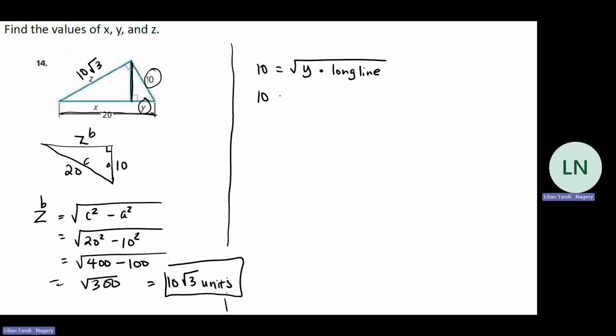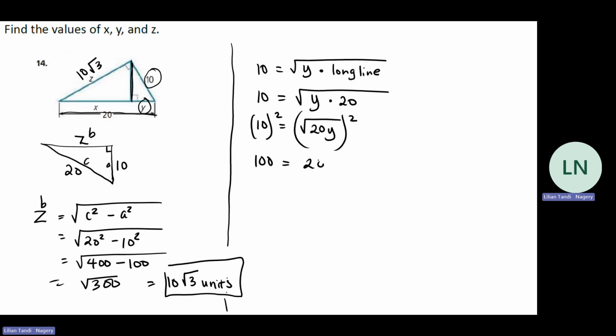So this is 10 equals the square root of y times the long line, which is 20. So 10 equals the square root of 20y. Now I need to remove the square root. So this is squared. So 100 equals 20y. So to get y, I will divide by 20 on both sides. So y equals 5. Okay, I have found y, which is here.